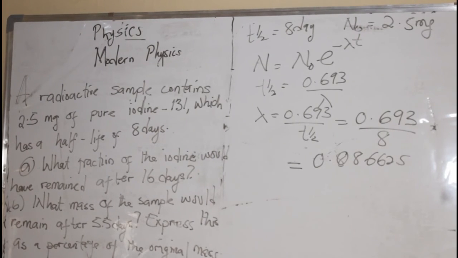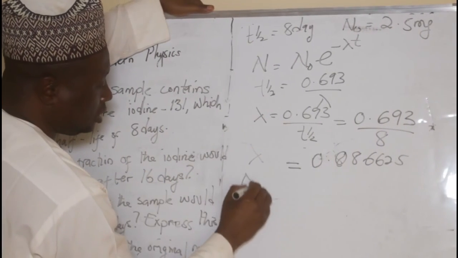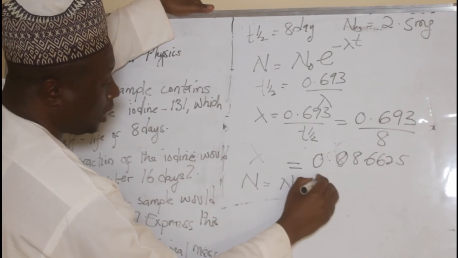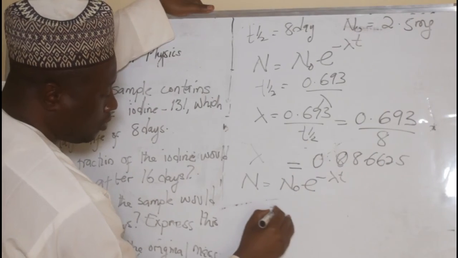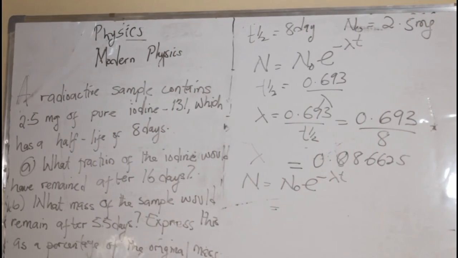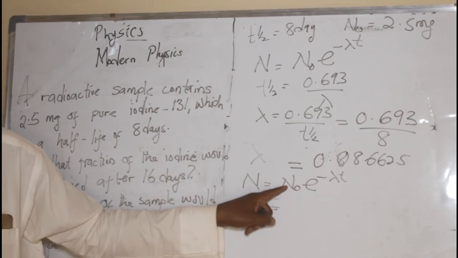Are we happy with this? Now, this is our lambda, and we are back to this. N is going to be equal to N naught e raised to minus lambda t. They are asking for the fraction that is going to remain, and N naught is the initial number of atoms present.